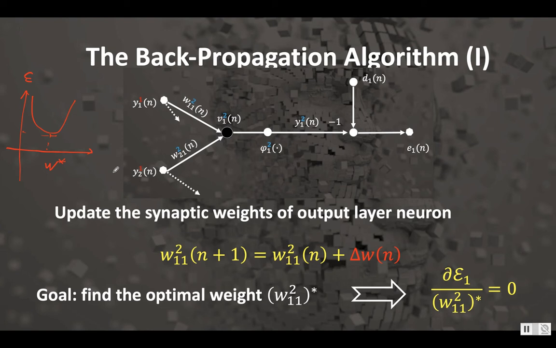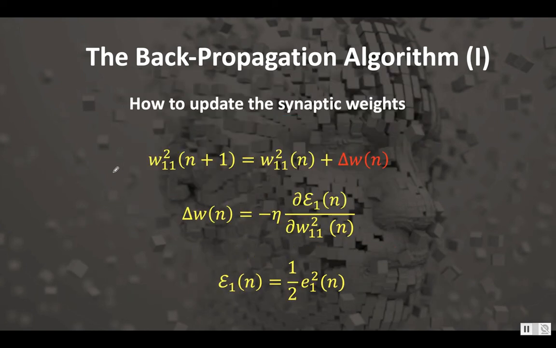So here is how we can apply the steepest descent approach to find the optimal weight. Here is how we update the synaptic weight. W211(n+1), the updated weight, equals the current weight plus the adjustment factor, delta W(n).